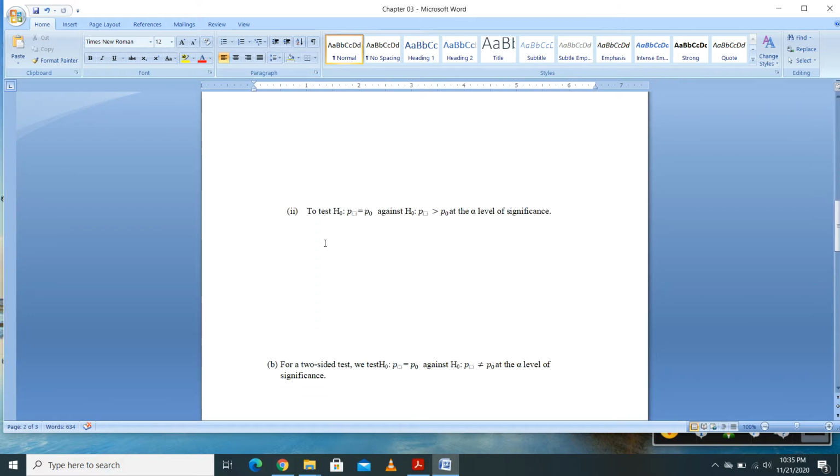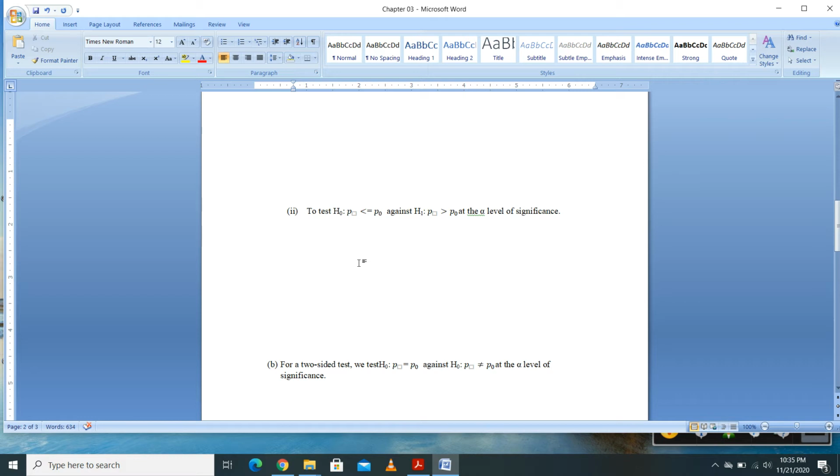The next one: if you are interested in a one-sided test where the alternative hypothesis H1 is p greater than p naught, in this case you can write the null hypothesis as p equal p naught, or else as p less than or equal p naught. That is as you wish.